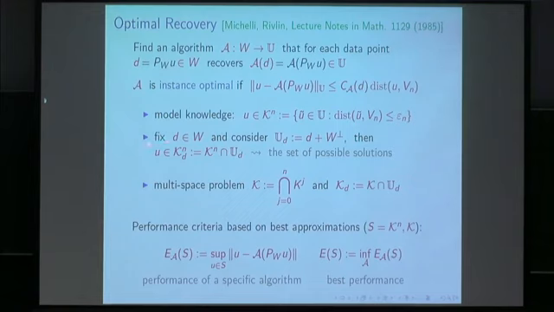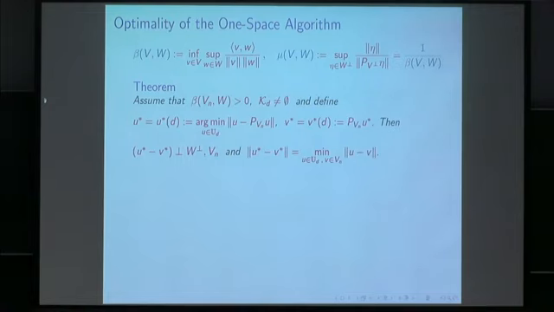If we consider this to be our manifold, which is D plus W perp, then we can formulate similar quantities there. In the one-space algorithm considered by Maday and Patera, we were able to prove that it is instance optimal, and the constant of optimality is 1 over this quantity beta, which we call the constant mu.